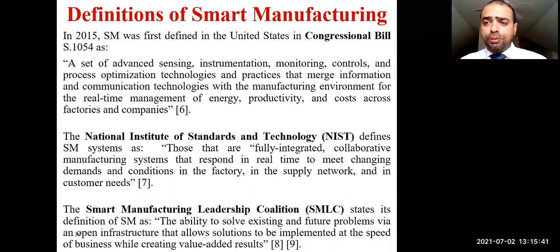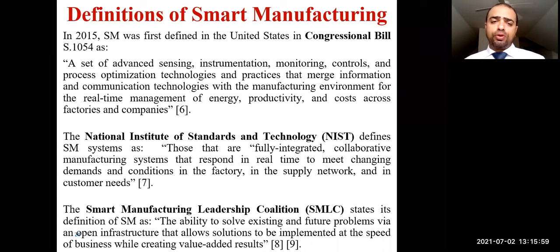Finally, if you remember, I told you in the beginning we're going to leave the definitions of smart manufacturing to the end. So let's look at the definition of smart manufacturing. We saw what smart manufacturing is, what the technologies are, and what the policies are that govern smart manufacturing. Now let's look at its official definitions.